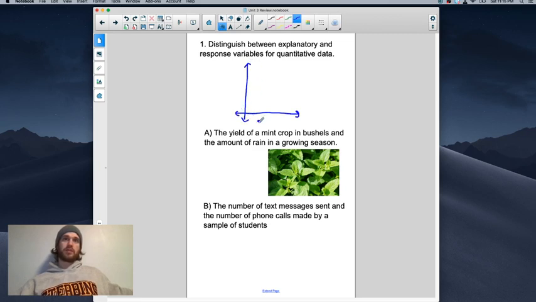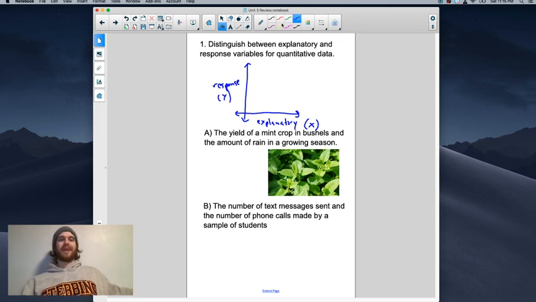Usually the explanatory variable goes on the horizontal axis. Explanatory is horizontal, or our X variable, the X-axis as we're used to calling it, and then our response variable goes on the Y-axis, the vertical axis.